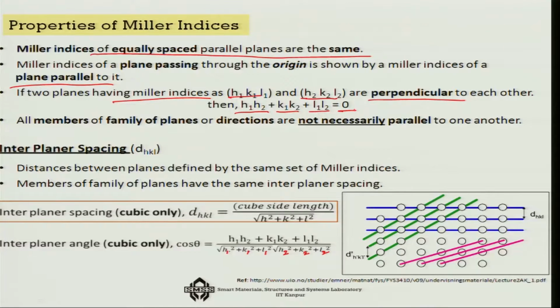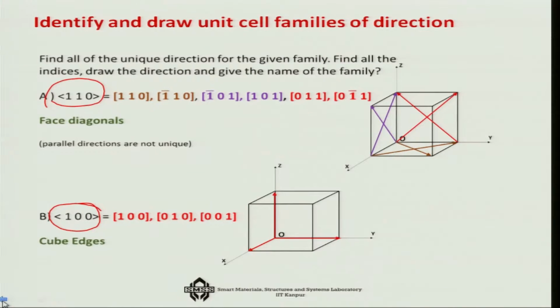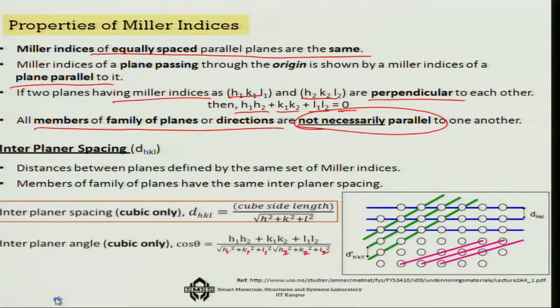All members of a family of planes or directions are not necessarily parallel to each other. This point you have to keep in your mind. Going back one or two slides, look at these face diagonals. They all belong to the same family, but they are not parallel to each other.